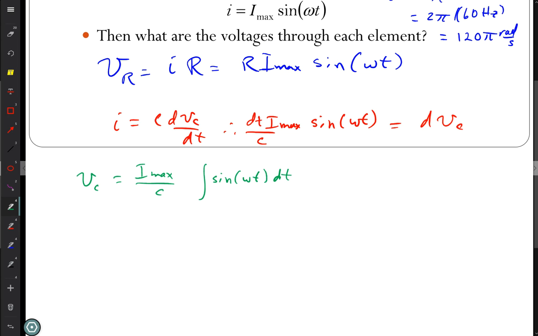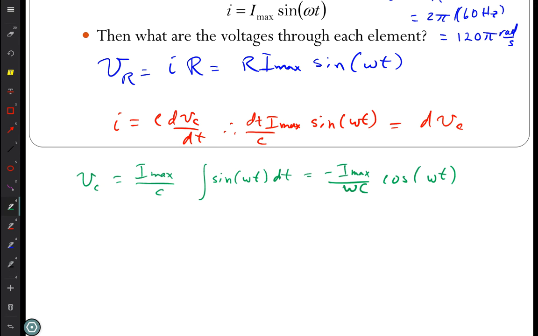Notice I don't have limits. It's one of those rare times in life. What's the integral of sine of omega t dt? 1 over omega. Yeah. So that's going to give me a negative I max over omega C cosine of omega t.